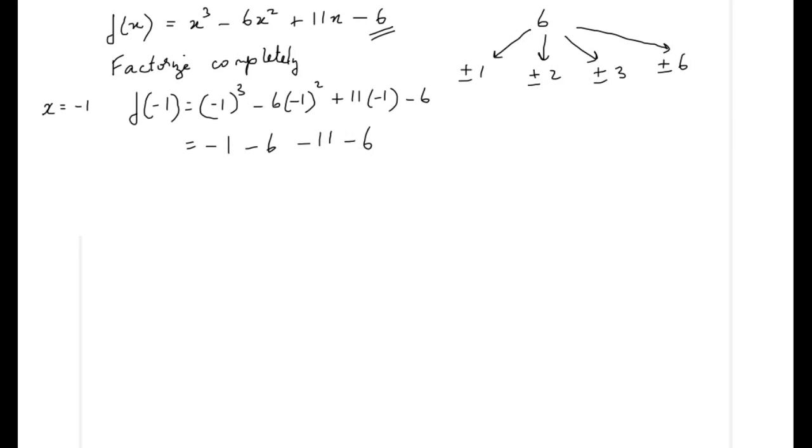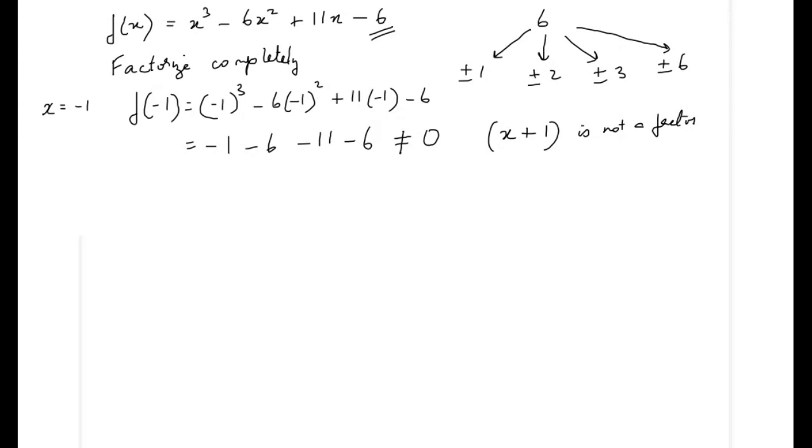This is definitely not equal to 0. Therefore, x plus 1 is not a factor. Remember, if I took x equal to minus 1 as the root, then x plus 1 is the factor. And here clearly x plus 1 is not a factor because the remainder is not 0.